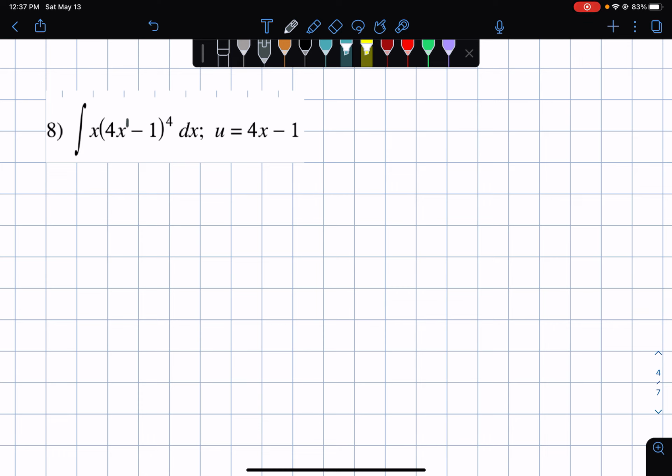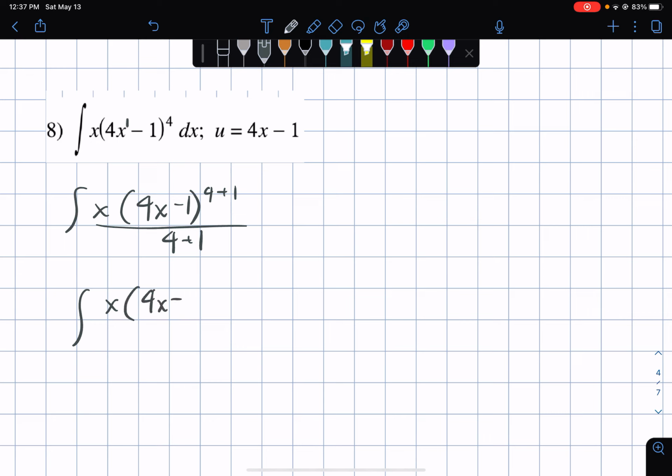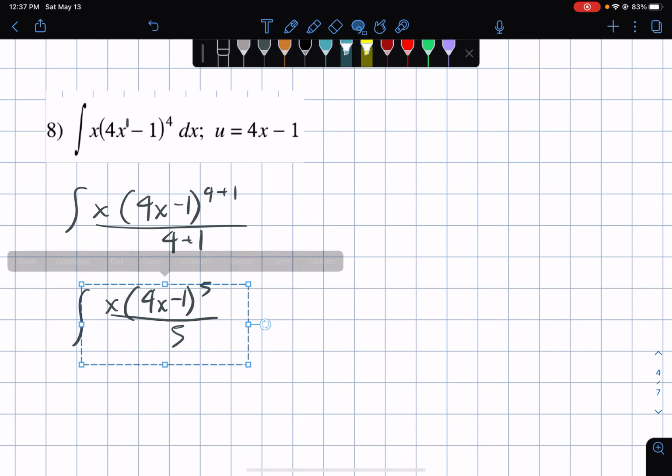Let's try a power rule disregarding this thingy. Yeah, it's not working.